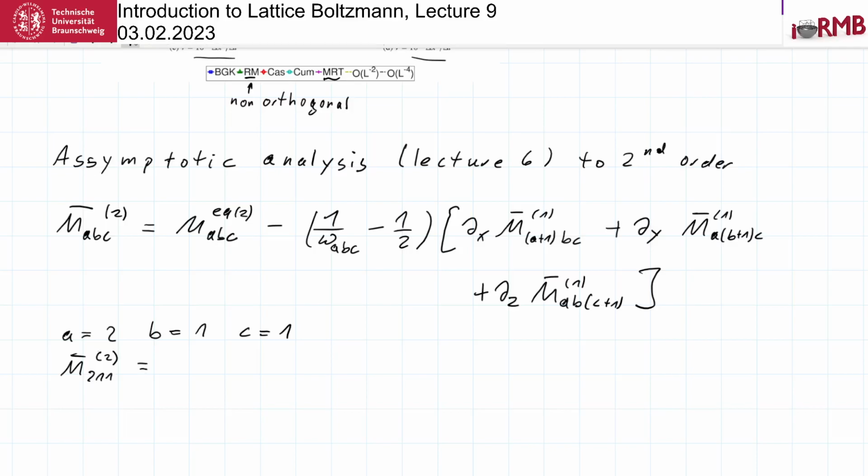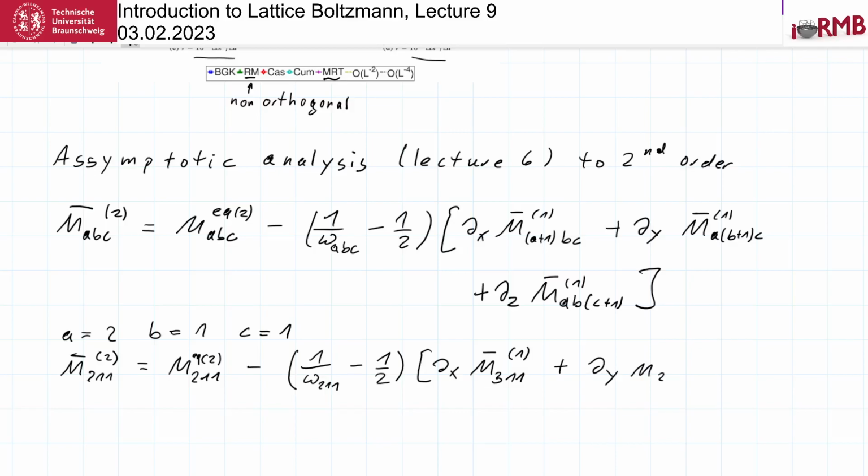So we have here now, of course, the equilibrium, second equilibrium, minus, let's just say we relax this guy the way it is, and then we get dx m311. So you already know something about aliasing, so you'll know what this moment is.